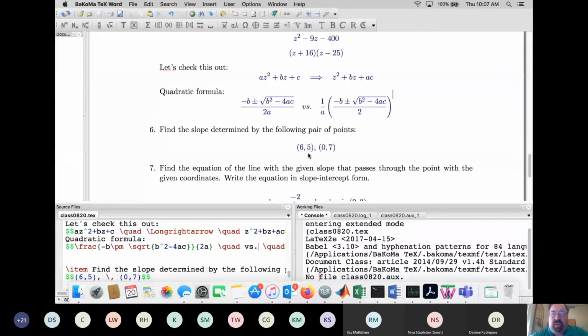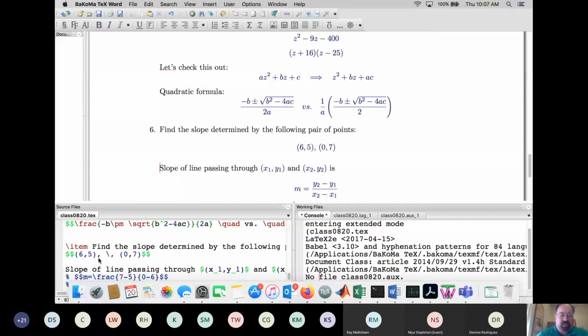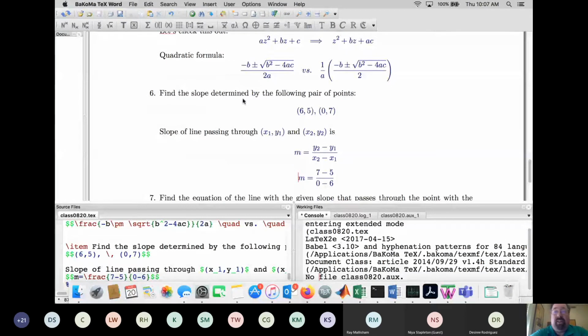To find the equation of a line passing through these 2 points, you need to find the slope. Now, for some of you, this may seem like an overly simple thing, but I can tell you from several years of teaching this class, there are several homework problems where you'll be given a graph that shows a line, and you'll be given points on the line, so it'll actually show you what the points are.